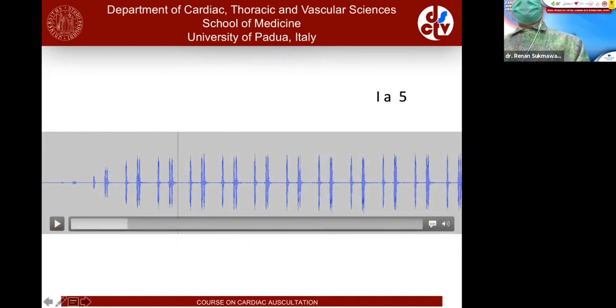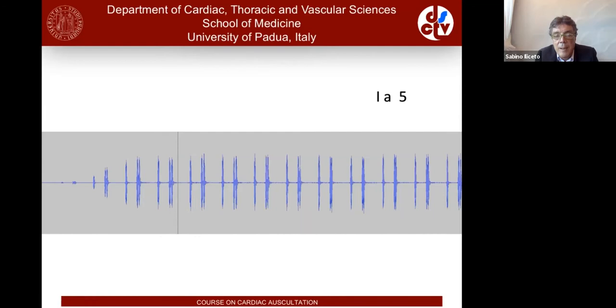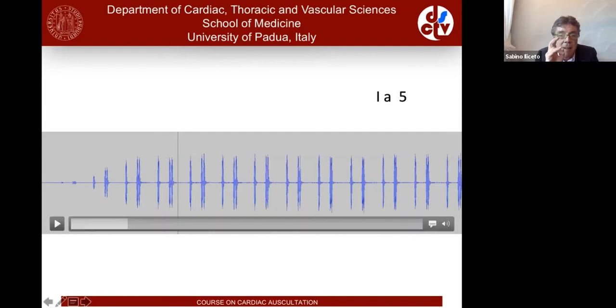Here we have a first sound, second sound, first sound, second sound, with the second sound that is split, split, split, and then it will become single, single, split, split. So concentrate on what you hear, and please have a look at the tracing, because you will appreciate the splitting on the second sound. This is a normal splitting that can be easily heard.